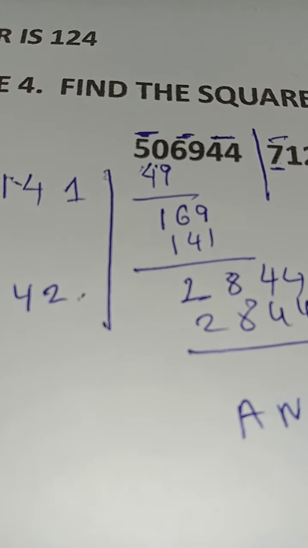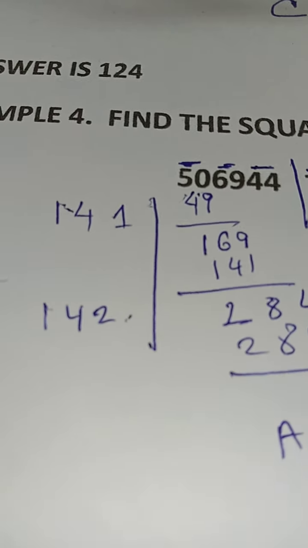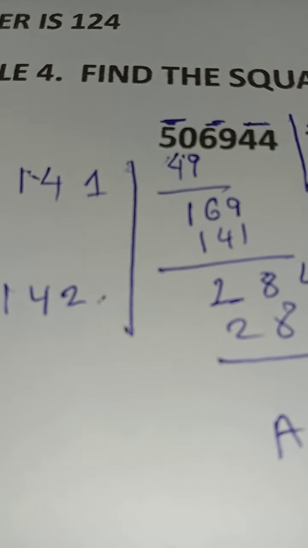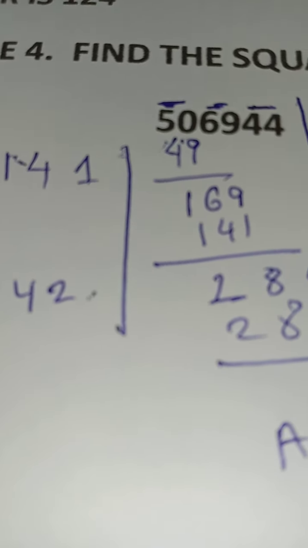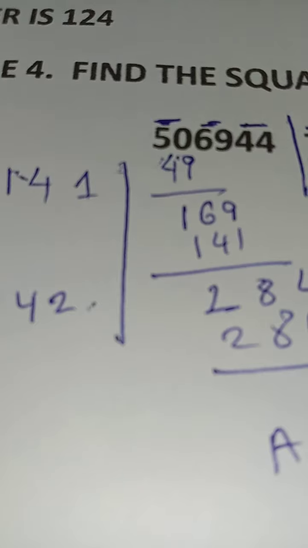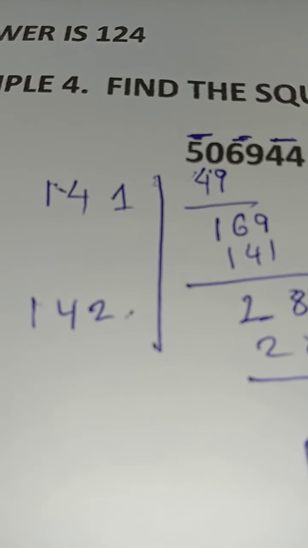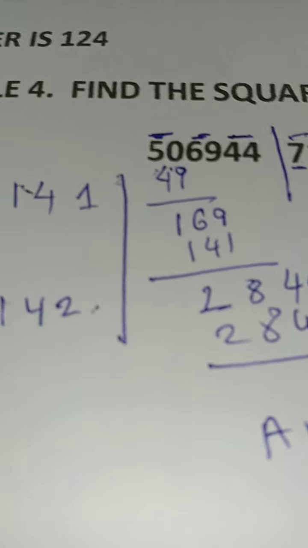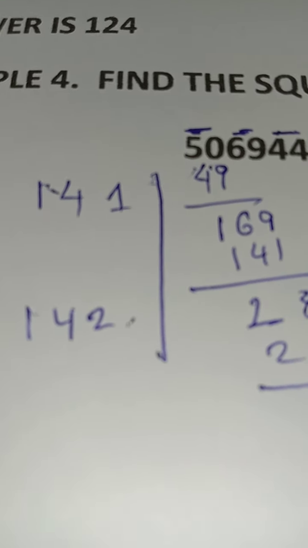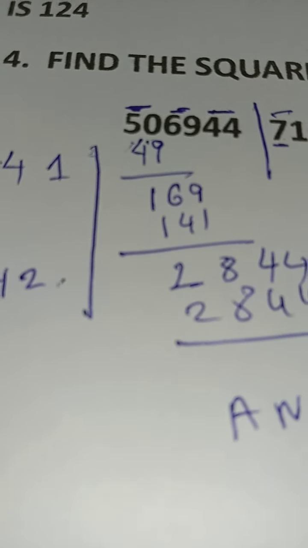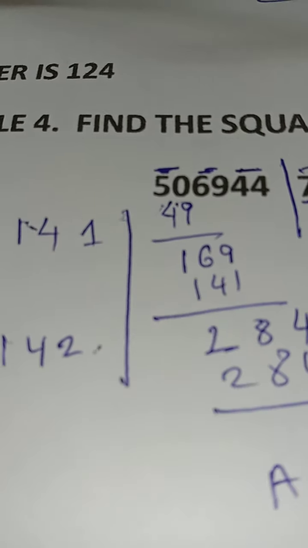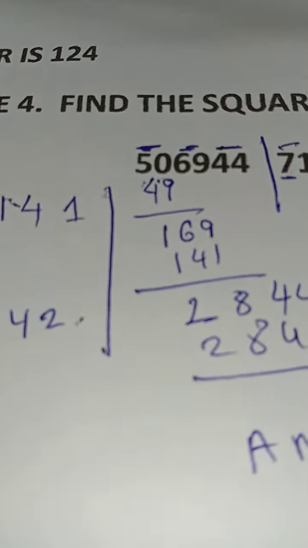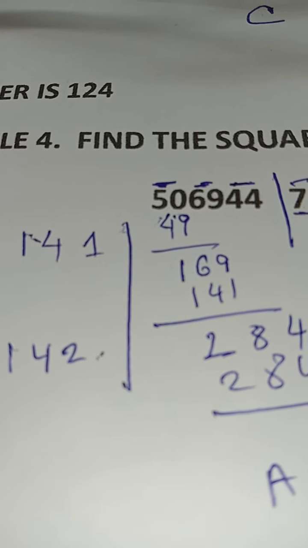So 169, and then the 7 actually multiplies by 2 and gives 14. So this 7, multiplied by 2, gives 14, and then 1.